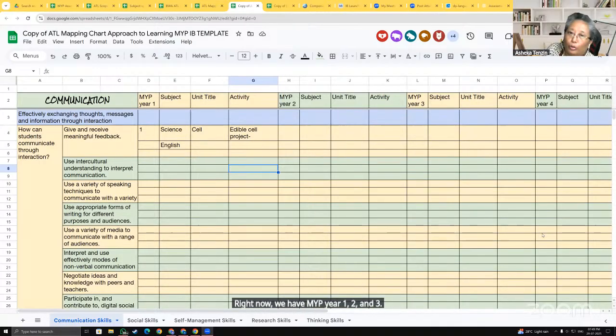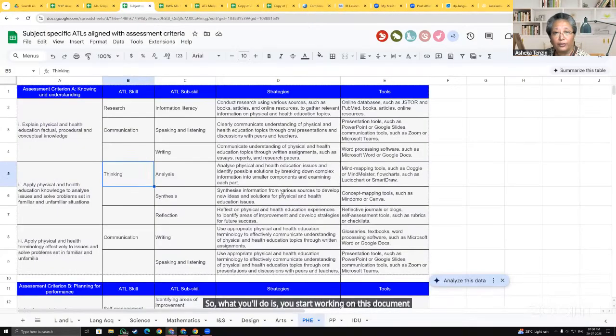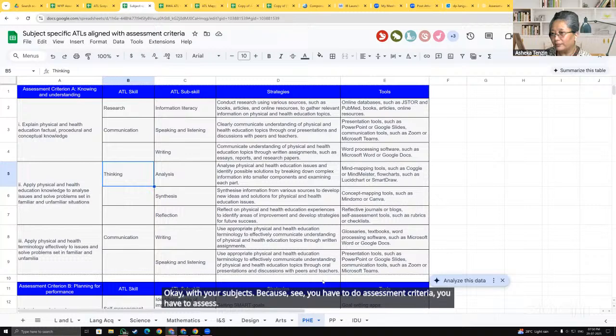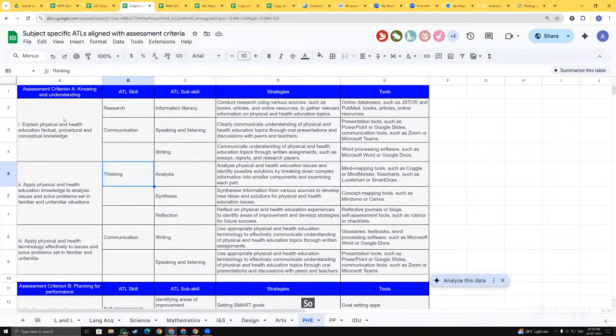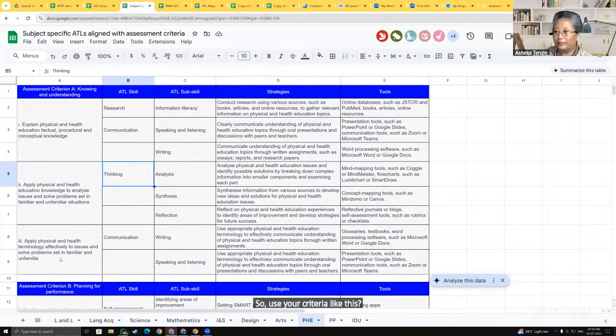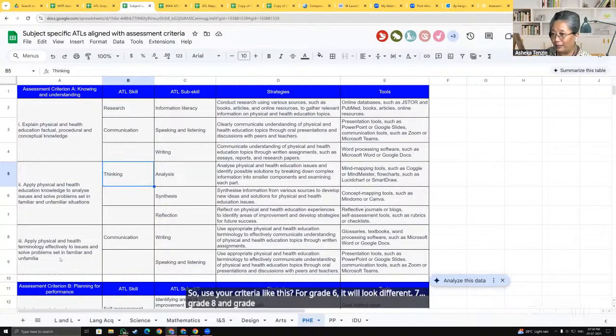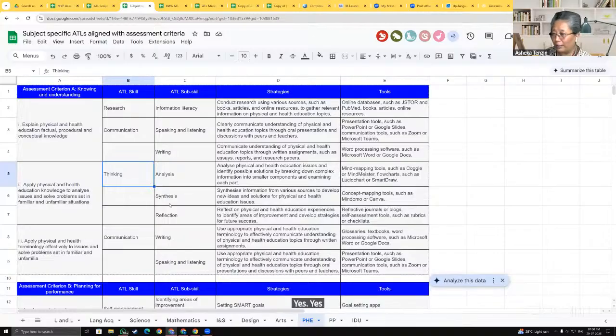So what you do is you start working on this document first with your subjects. Because you have to do assessment criteria, you have to assess. So use your criteria like this. For grade 6, it will look different. Grade 7, grade 8 and grade 10 are separate, right? The assessment criteria are separate, so you create documents for that. Once you have created that, you will get an idea.